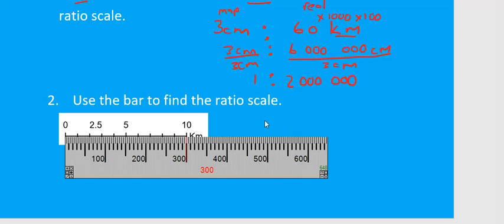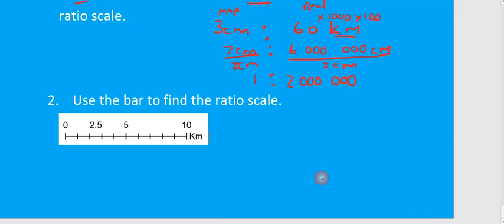So now we can write it out in ratio form. Remember, the question is asking you to convert the bar scale to a ratio scale. So we've measured that the entire length, from the beginning to the end, is equal to 300 millimeters.